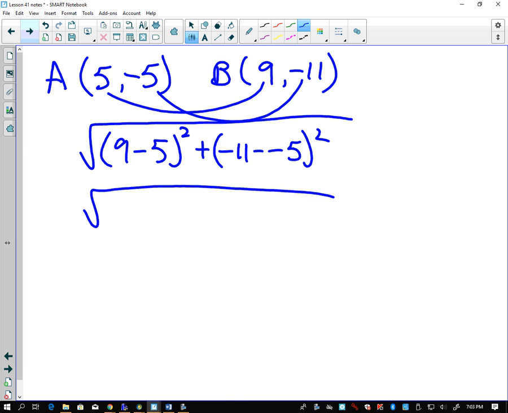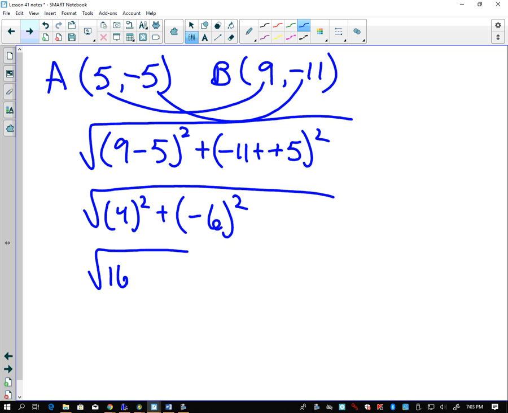Okay, 9 minus 5 gives me 4 squared. And this is negative 11 plus 5, which should give me negative 6 squared. Well, 4 squared is 16. Negative 6 squared, and you have to do that in parentheses, is 36. Okay, I'm going to add those up. 16 and 36, I think, is 52.